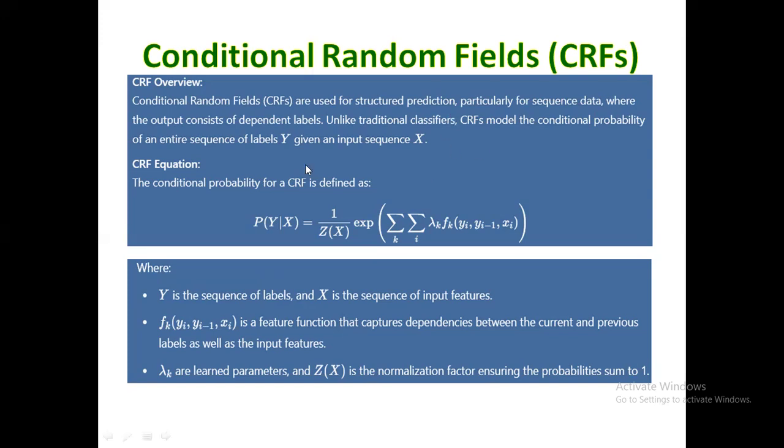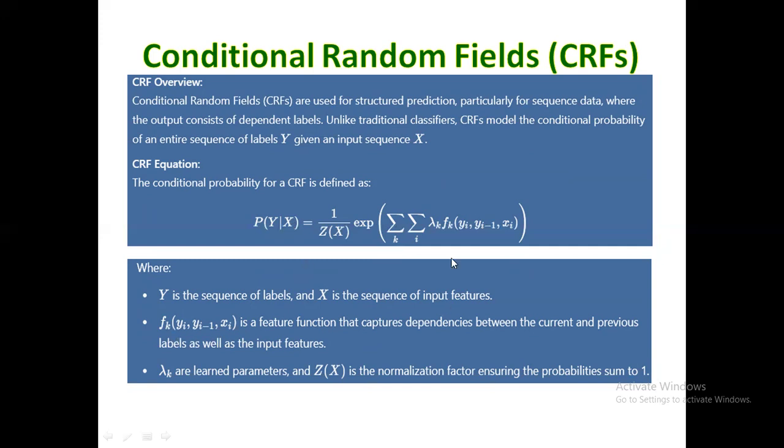The CRF equation is given by P(y given x) equals 1 over Z(x) times e to the power of the summation of lambda k f k (yi, yi minus 1, xi). Here capital Y is the sequence of labels, and capital X is the sequence of input features. X always represents the input features.